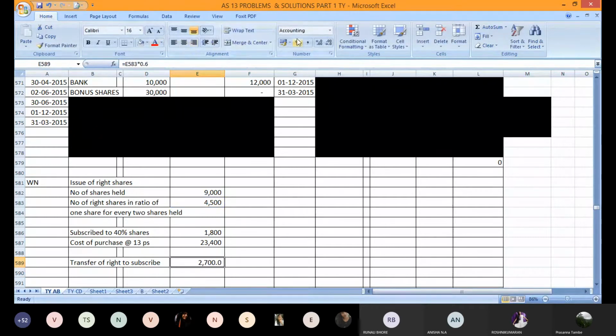So these are the shares which he will not buy, but he will transfer this right to somebody else. Okay, and for this he will get a transfer premium of 2 rupees per share. So he will get 5,400 rupees towards this.